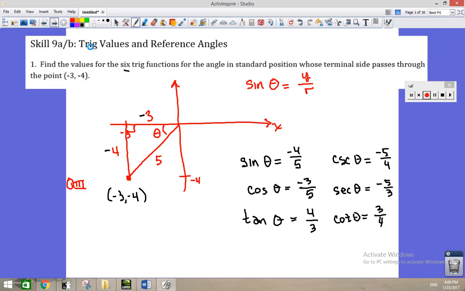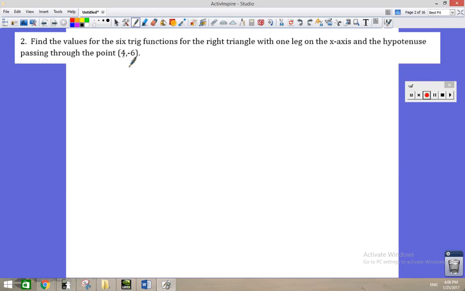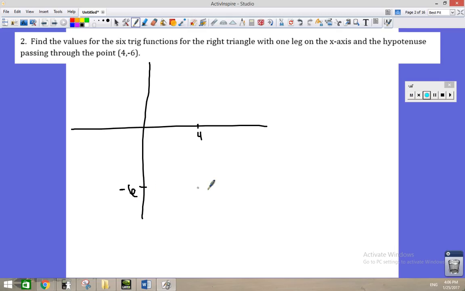All right, let's move on to the next one. This time, we're over here in quadrant 4. If I go to the right 4 and down 6, there's my point. When we draw our triangle, we always make the right angle with respect to the x-axis, and our theta is always right here, drawn between our hypotenuse and the x-axis.